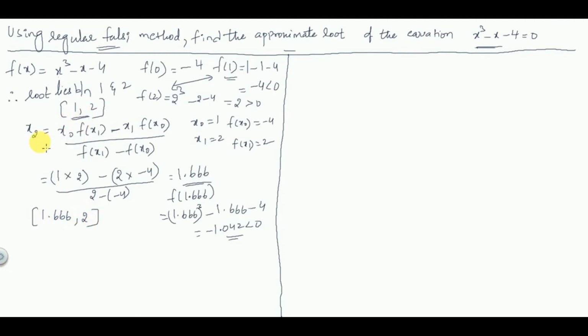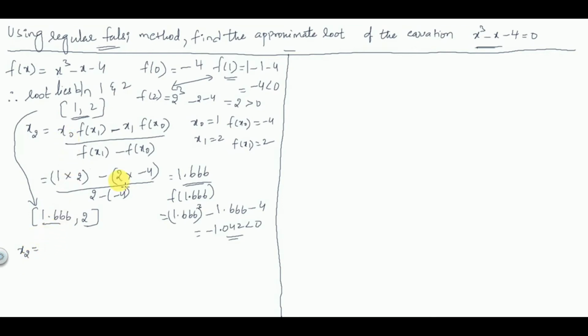So if you observe here, from the initial estimate to the first estimate, the gap between the estimates is reduced, same as the bisection method. Now again, this is 1.666 and 2, so we have to find x2 again, the approximation.